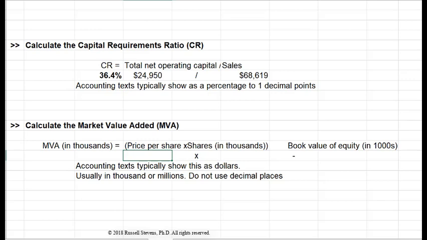To start this calculation, type 15.35 into the workbook cell under price per share. The number of shares is also down towards the bottom of the PDF file. It is 839,000 shares. However, since the dollars are in thousands, the shares also need to be in thousands. Into the cell under shares in thousands, type 839.